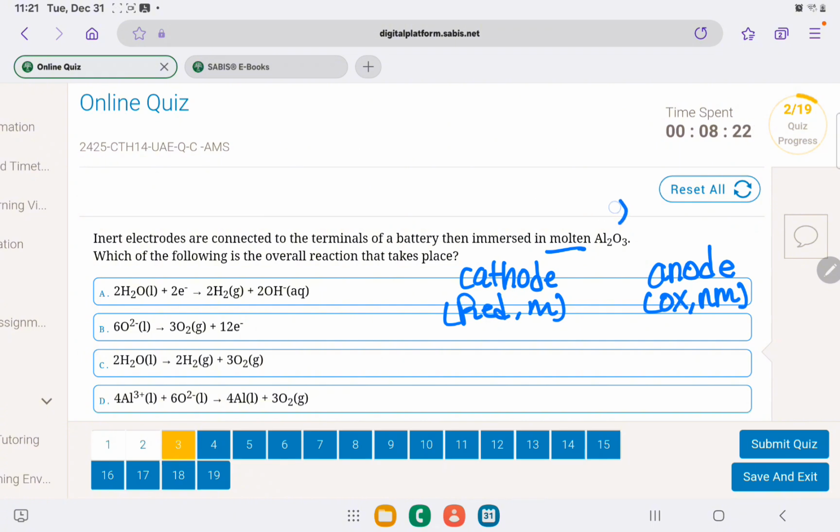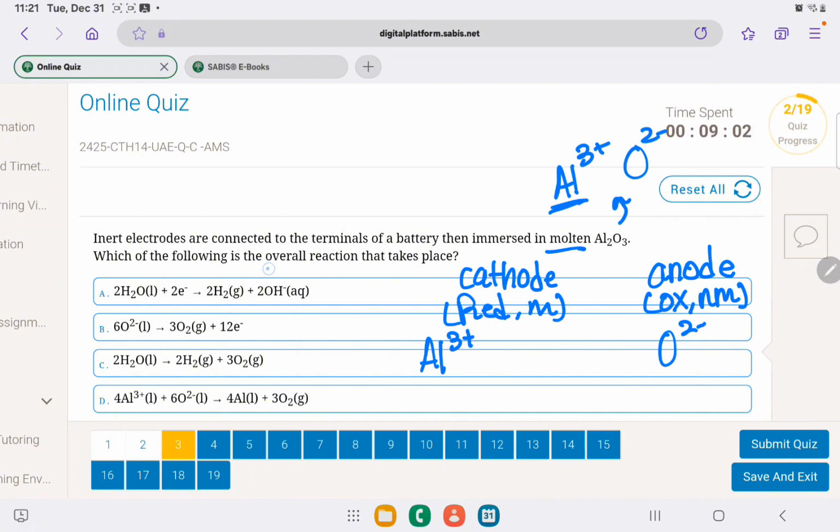Al2O3 is Al 3 plus and O2 minus. Al is the metal, so it's going to be at the cathode, so Al3 plus, and the oxygen is at the anode, so O2 minus.